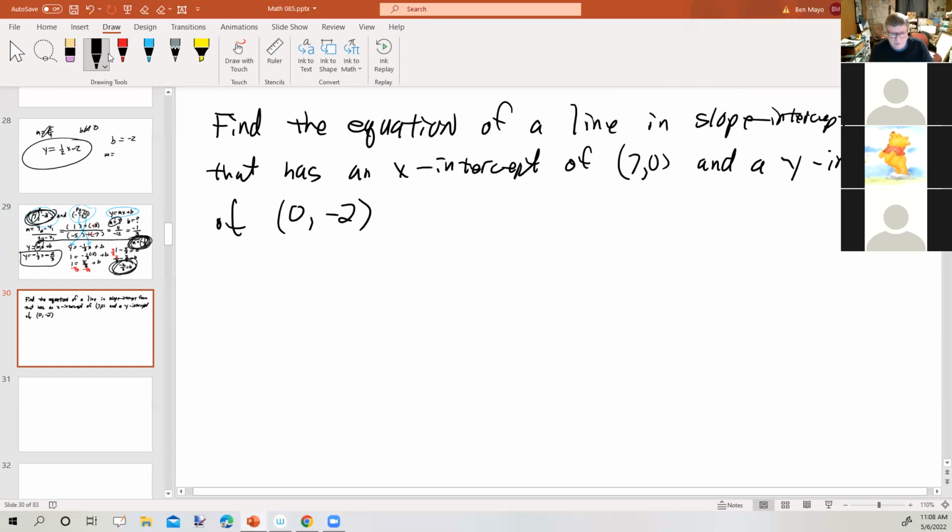All right, so find an equation of a line in slope-intercept form that has an x-intercept of (7, 0) and a y-intercept of (0, -2).